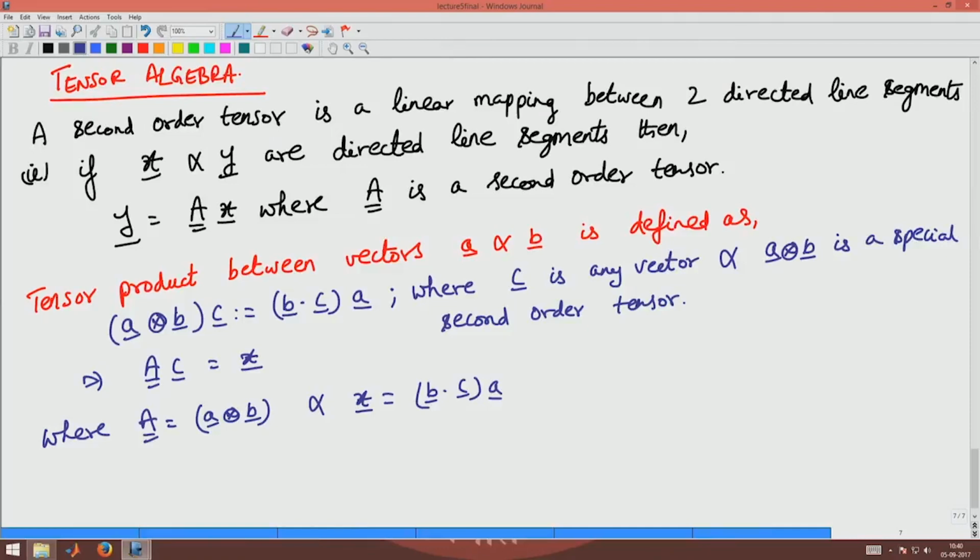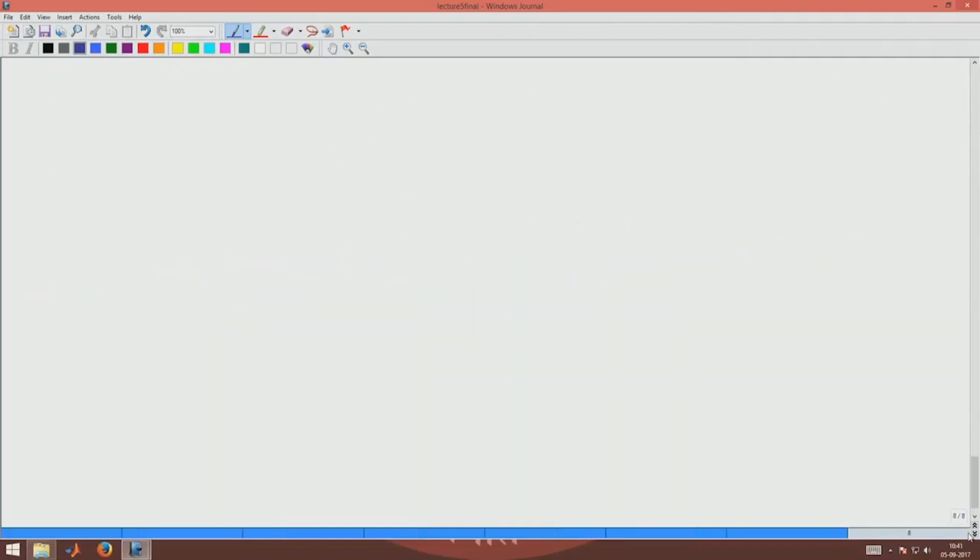A tensor product B is an example of a second order tensor. Now let me go ahead and define a general second order tensor.